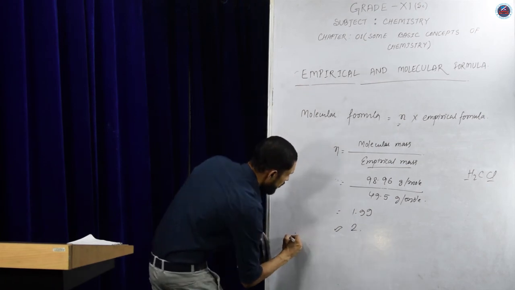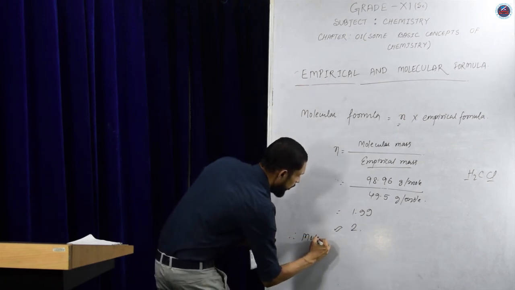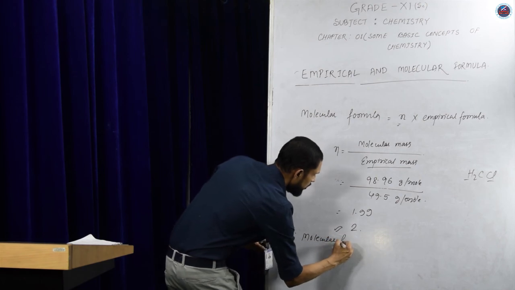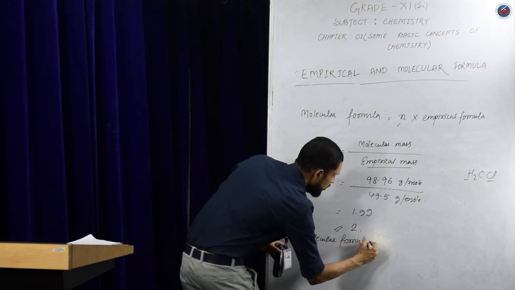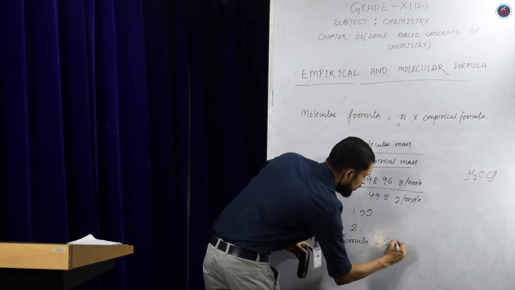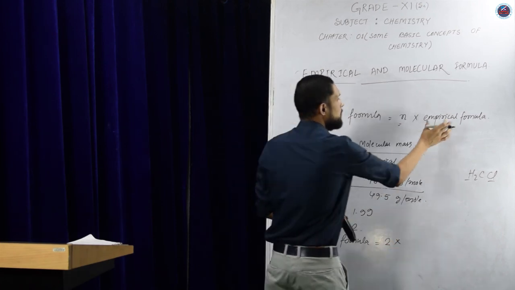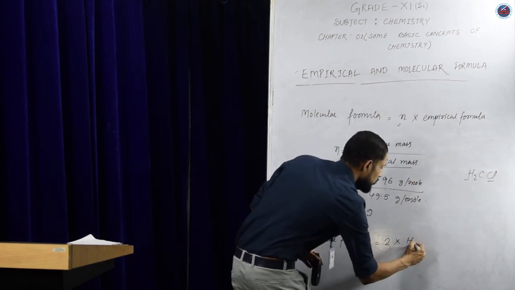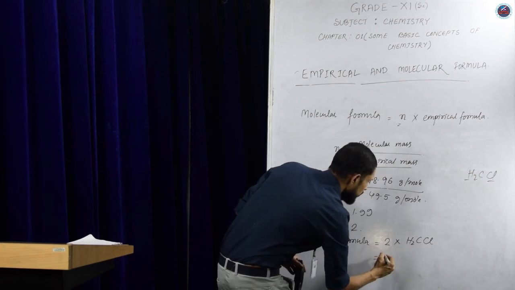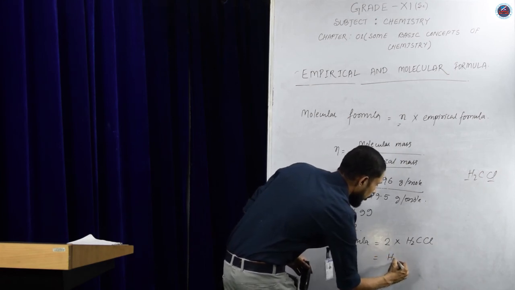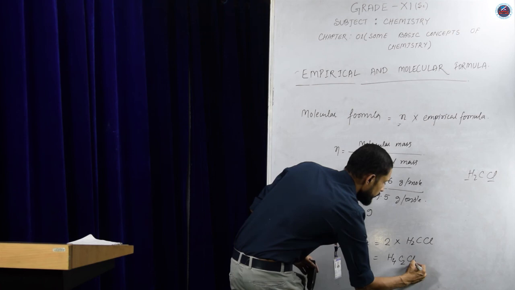So therefore, molecular formula is equal to 2 multiplied by the empirical formula, that is H2CCl. So it's equal to H4C2Cl2.